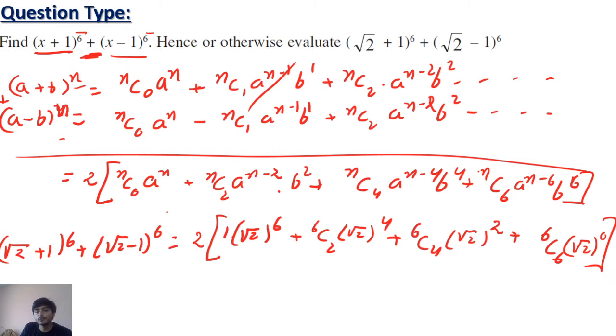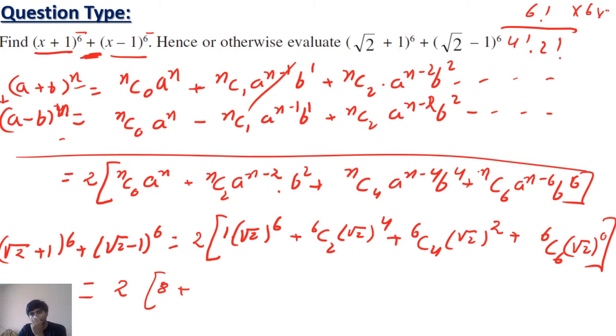You can find the value by doing this. So 2 into (8 plus 6C2). 6C2 will be how much? 6 factorial by 4 factorial into 2 factorial, right? So 6 into 5 by 2, that will become 15. So 15 into 4.